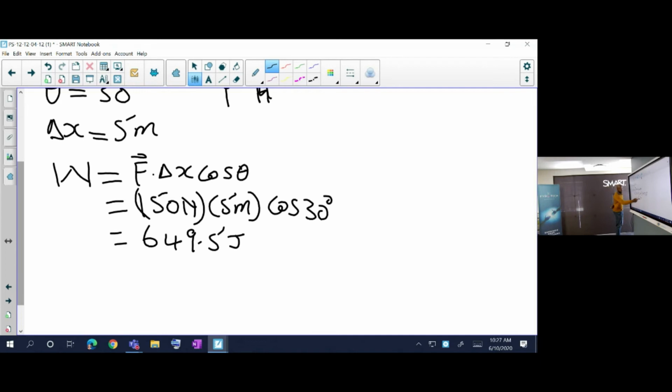Before you get there, you can say that is a Newton meters. This is what you have. If you go down, you can just have 649.5 in joules. All right.